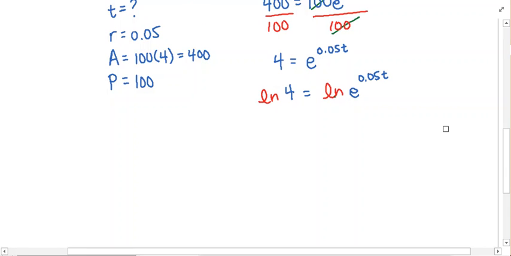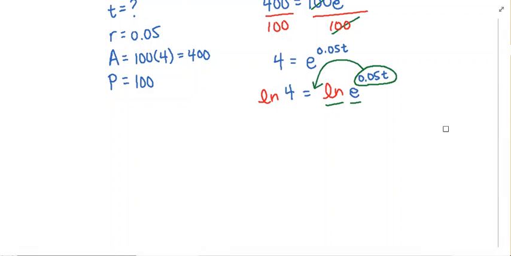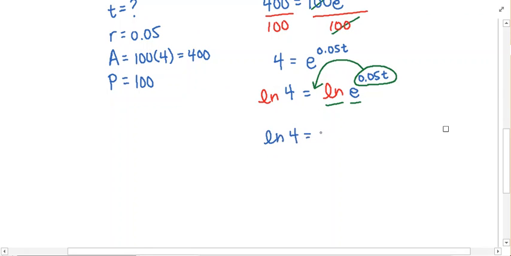On the right, we have the logarithm of something to a power, so you're allowed to take the power and bring it down in front in the next step. So we're going to get the natural log of 4 is equal to 0.05 times t times the natural log of e.